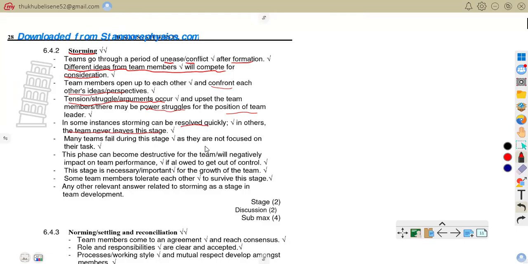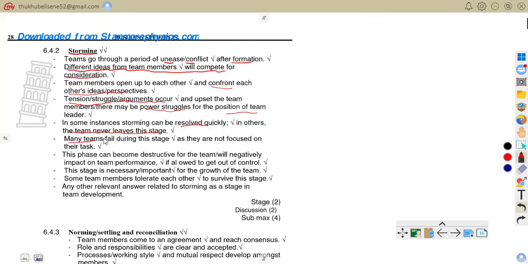This is one of the difficult stages to pass easily because this is whereby we need ideas, views, different ideas, where there are a lot of conflicts. But in some other teams, you find that they are able to resolve it quickly. They just get into agreement without wasting time. Many teams fail during this stage.